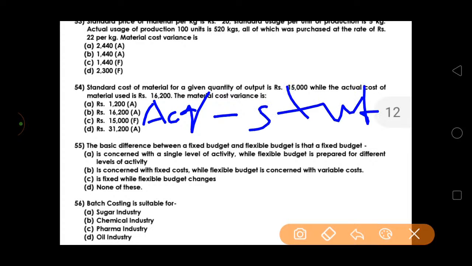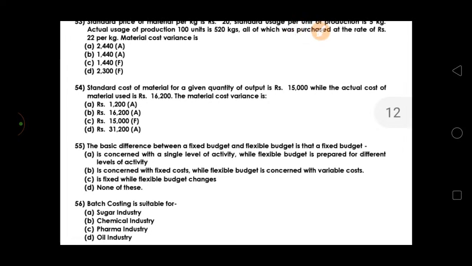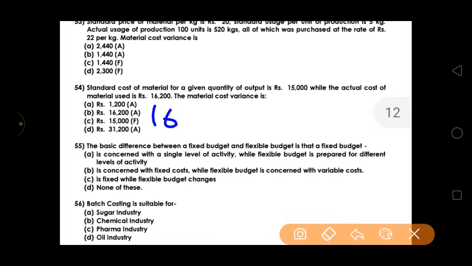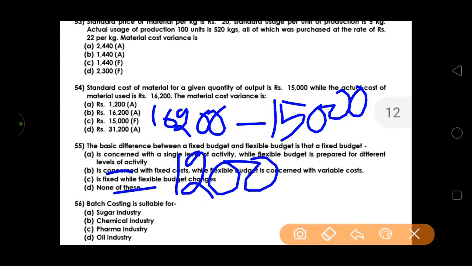So actual cost here is 16,200 minus 15,000. We got 1,200. So 1,200 is the answer. A is the answer.